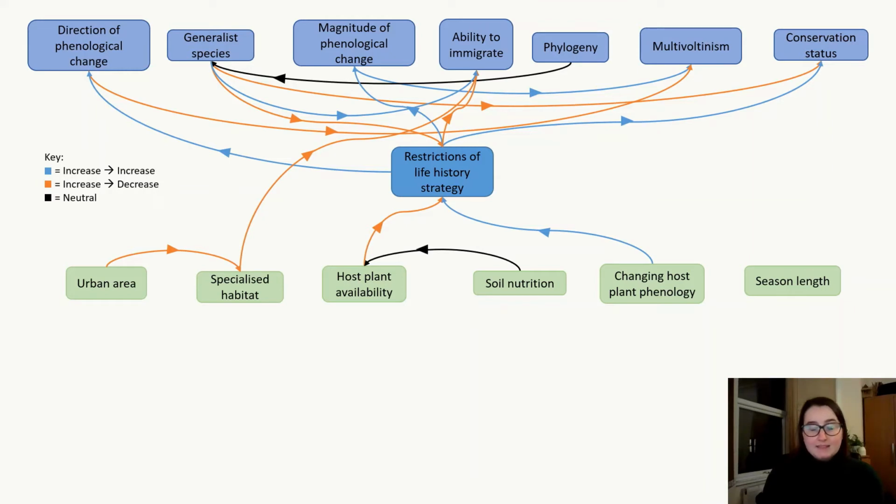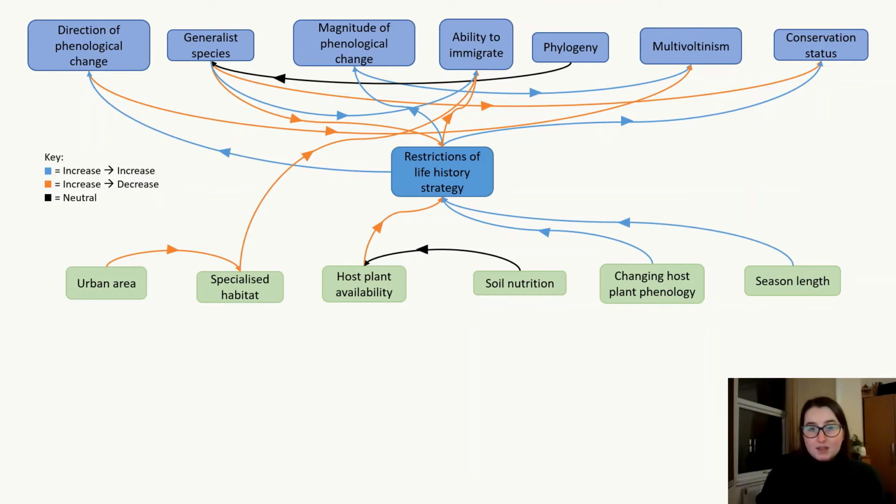So it might mean that the oak tree is leafing out a few days earlier, but the moth species that rely on those leaves haven't moved their phenology at the same rate. So when the caterpillars hatch and they go to eat the leaves, the leaves are now too tough for them to digest.